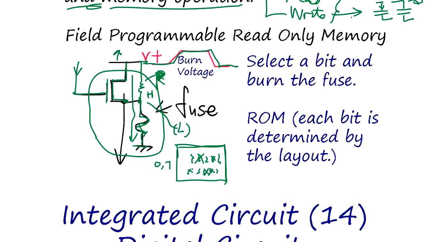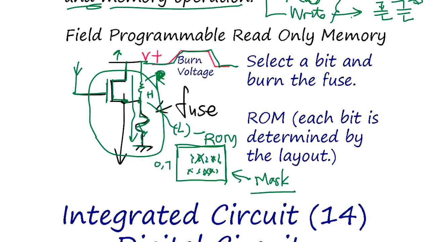And this is called ROM. You do this fuse pattern by the IC process mask. You make a mask, and the mask determines whether it's connected or not. That's the ROM.